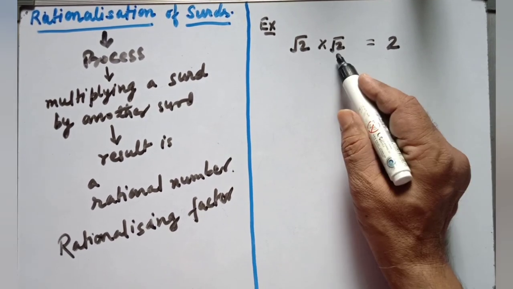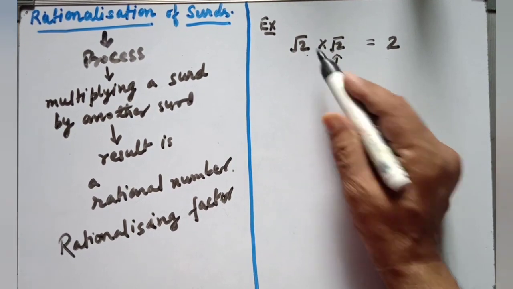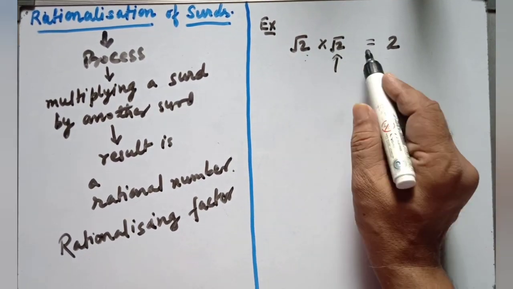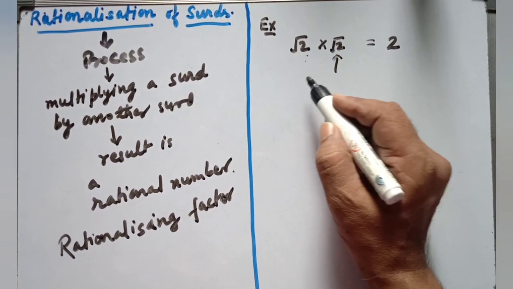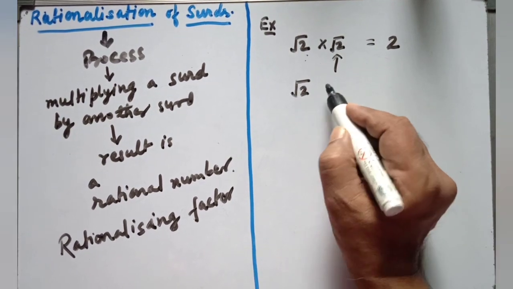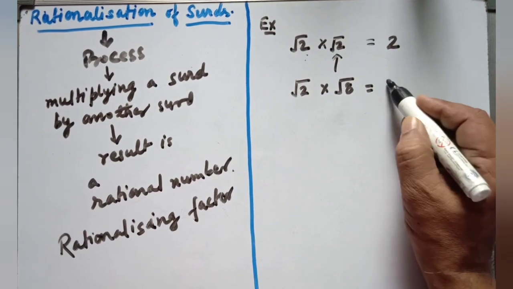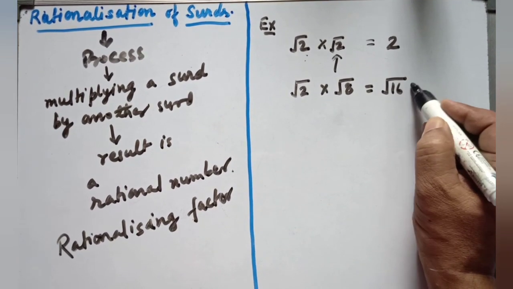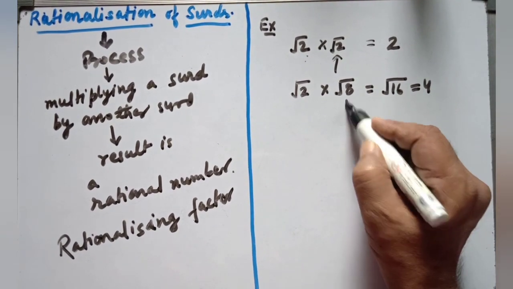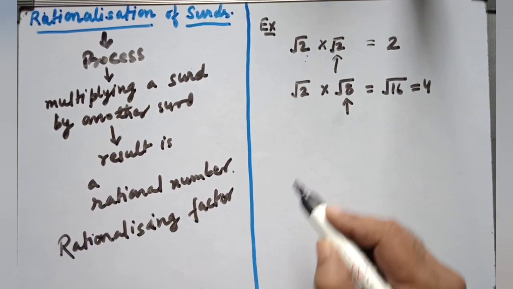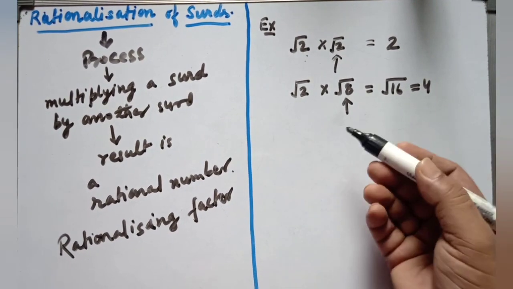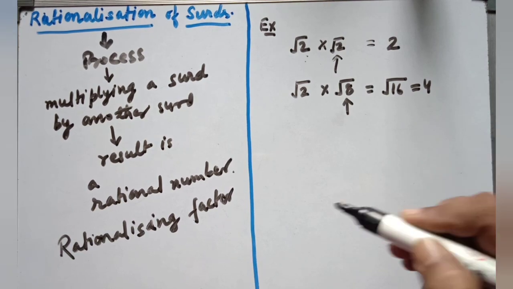So this is one rationalizing factor of root 2. We may have more than one rationalizing factor. Say if you multiply root 2 by root 8, that will give you root 16 and the result is 4. So this is another rationalizing factor. So for one surd we may have more than one rationalizing factor.